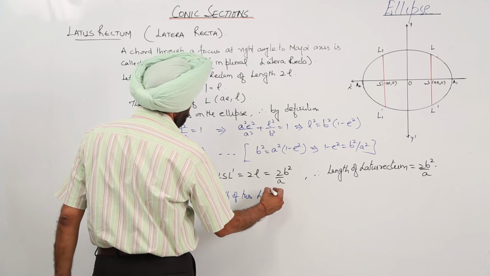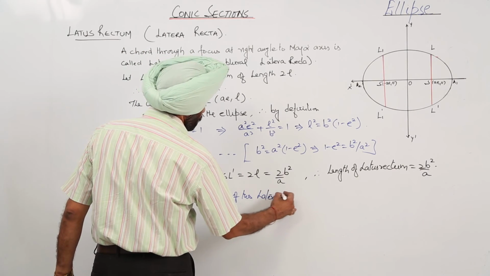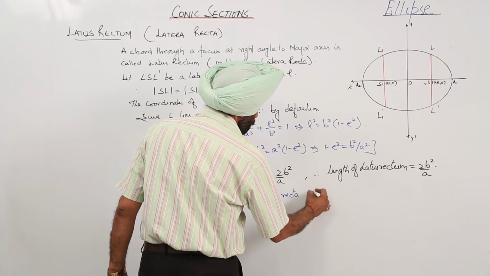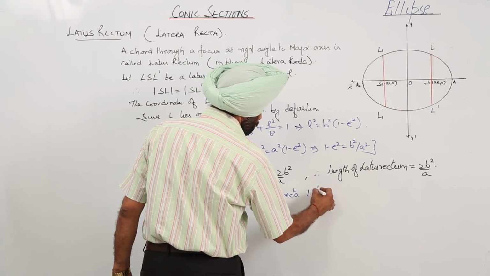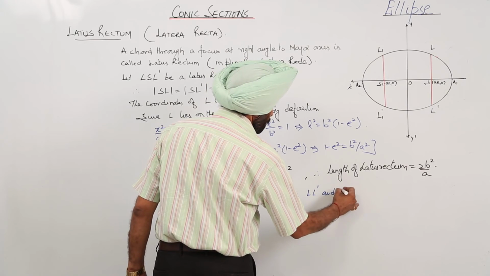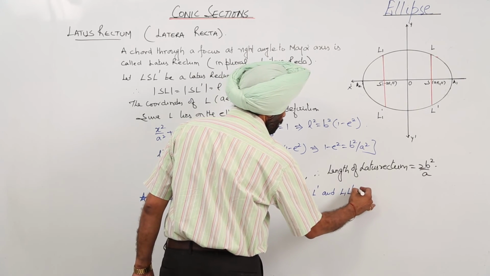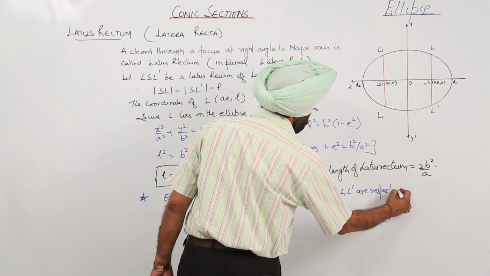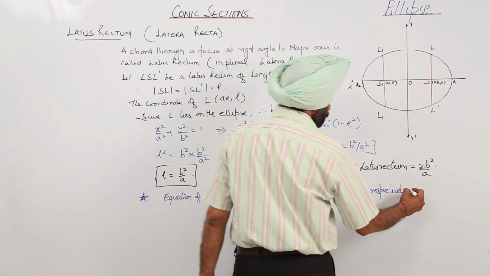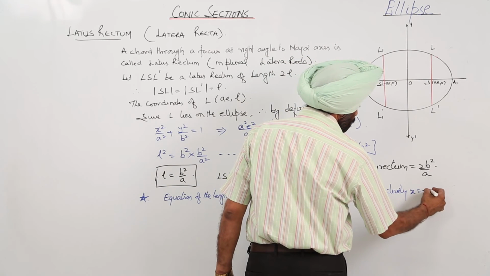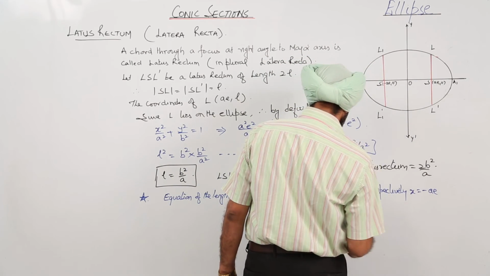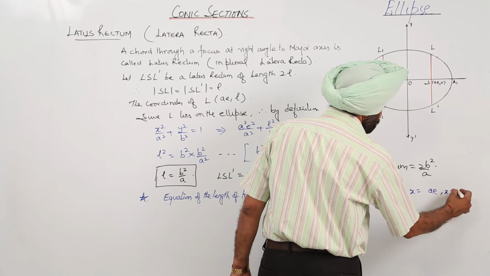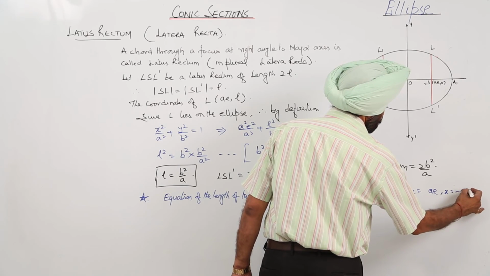Equations of the 2 latera recta LL dash and L1 L dash are respectively x is equal to positive of AE and x is equal to negative of AE. One thing.